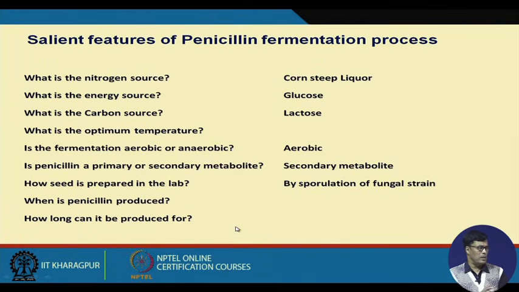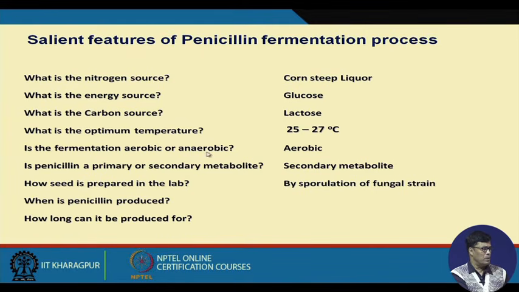Now, there are some salient features of the penicillin fermentation process. The nitrogen source is corn steep liquor, the energy source is glucose, the carbon source is lactose, and the optimum temperature is 25 to 27 degrees centigrade.